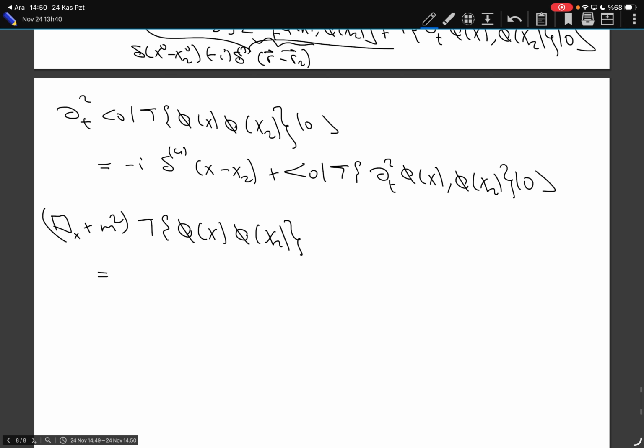This is equal to the time-ordered product. I just move that operator inside the time ordering. But then I have this extra term.